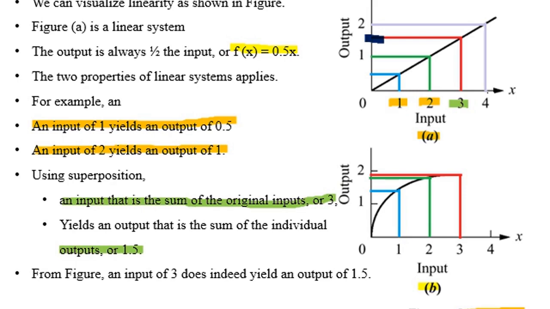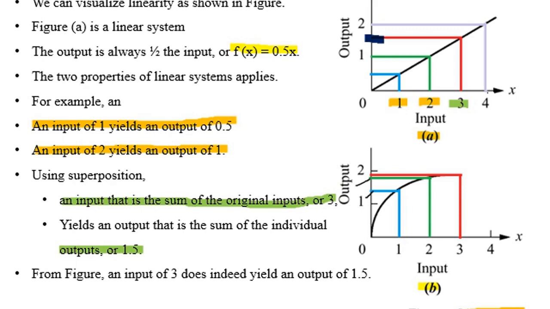So this system fulfills the property of superposition principle. Students, now if we look at graph B, an input of 1 yields an output of 1.5, and an input of 2 yields an output of 1.8.